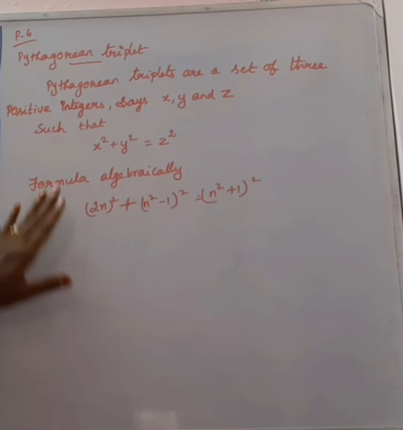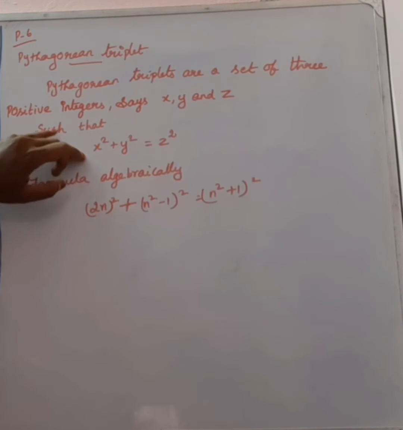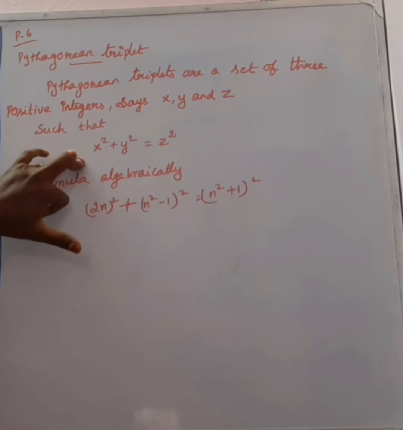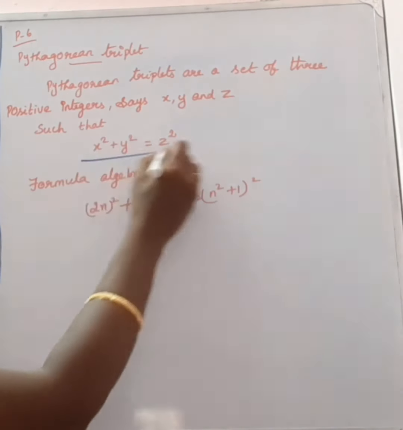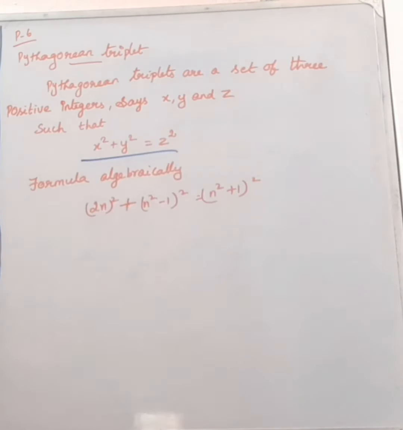We only use this formula, that is x squared plus y squared equal to z squared. Okay. We won't use that and all. We want to verify and say whether the given numbers are satisfying the Pythagoras theorem or not.